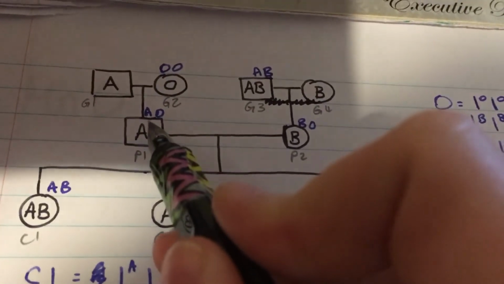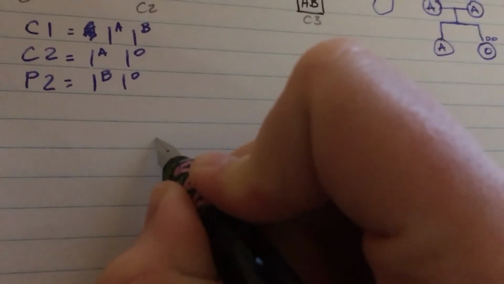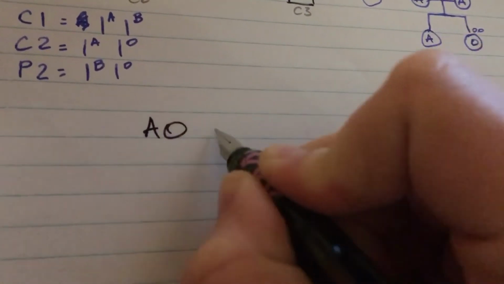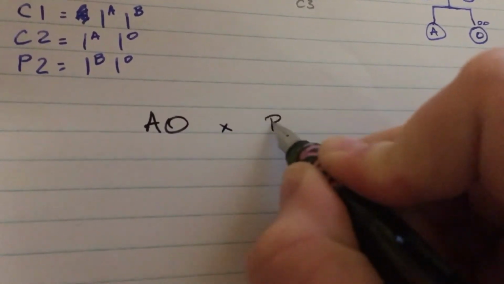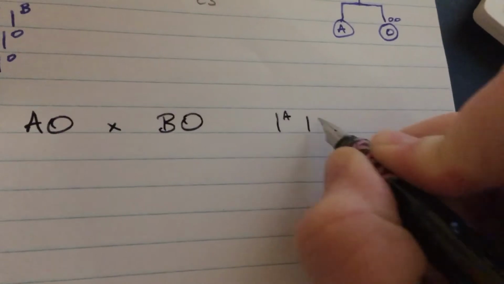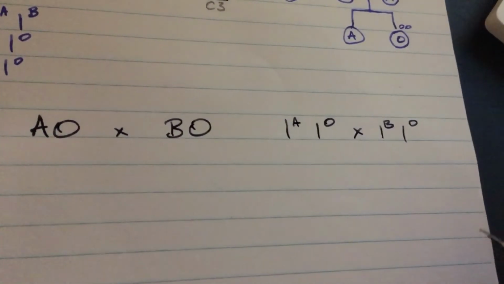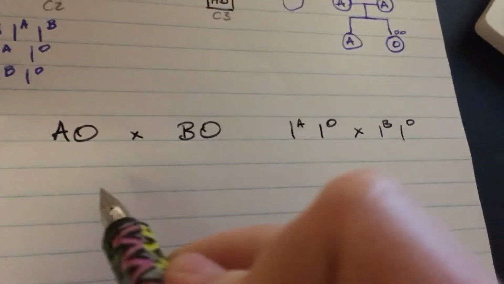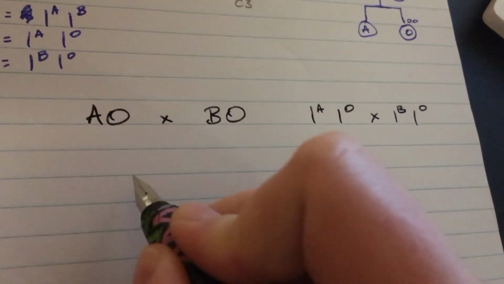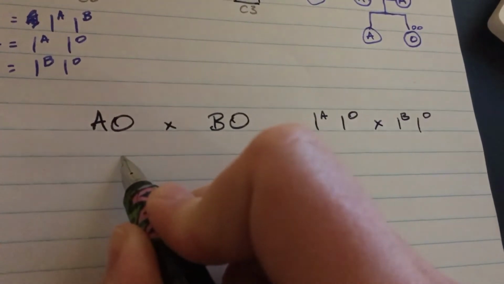So if we're looking at the parents, now we know that the parents must be AO and BO. Okay, so we'll write AO and BO, or you can write it as AO and BO, like that. Now what we're going to do is see all the possible combinations of alleles.